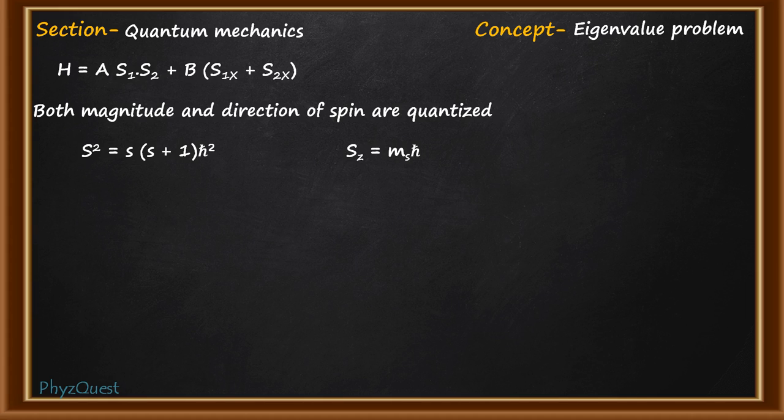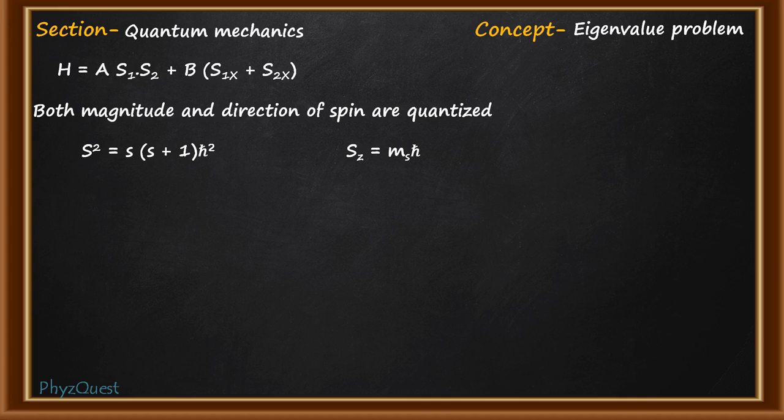If you consider a spin half particle, here s will be equal to half, but the ms value, the projection, will be plus half or minus half, where plus half corresponds to the up spin and minus half corresponds to the down spin.